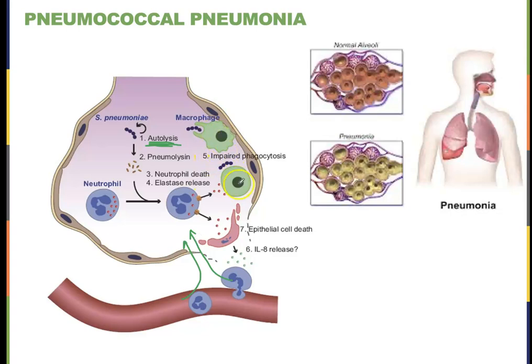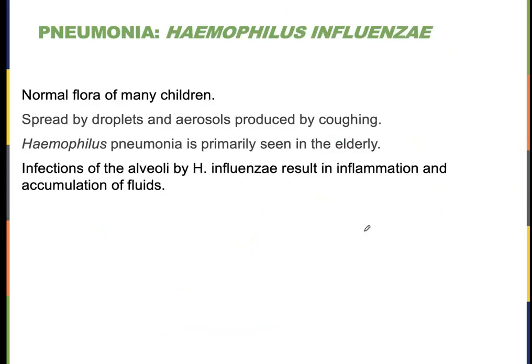The macrophages in here are trying to get rid of them, but they're impaired because there's such a nice capsule on the Streptococcus pneumoniae. And this activity of the cytokines and inflammation can actually kill the healthy cells of the alveoli as well. Normal alveoli should be nice and clear. Pneumonia is going to be filled with pus. And so again, gas exchange is going to be slowed, impeded, which is not good, right?